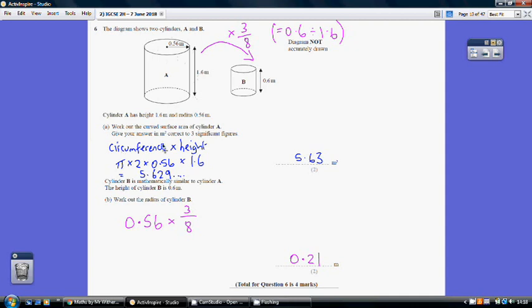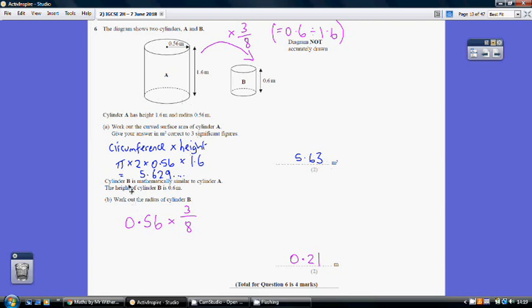Circumference is pi times the diameter, and 0.56 is the radius, so the diameter is double 0.56. So the circumference is pi times 2 lots of 0.56, and then we multiply this by the 1.6, giving us 5.629..., which to 3 significant figures is 5.63.